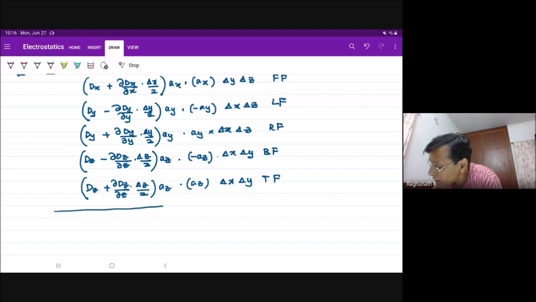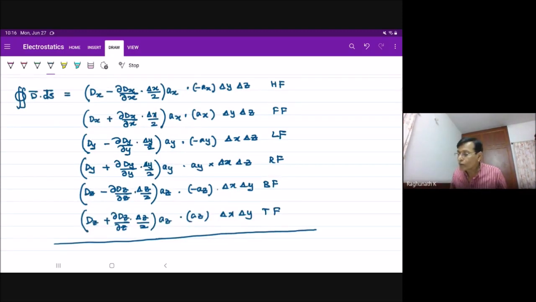What is the sum of all these things? You should be able to see the ax dot minus ax. The first term is multiplied by minus 1. The next term is multiplied by plus 1. The third term is multiplied by ay dot minus ay, which is minus 1. The fourth term is multiplied by plus 1. The fifth term is multiplied by minus 1. The sixth term is multiplied by plus 1.